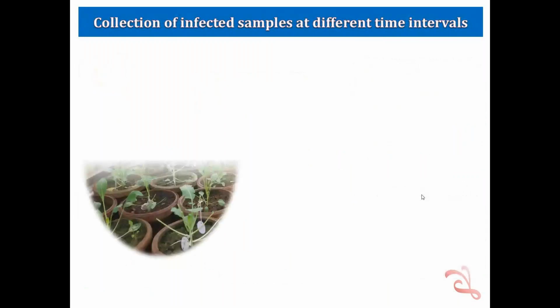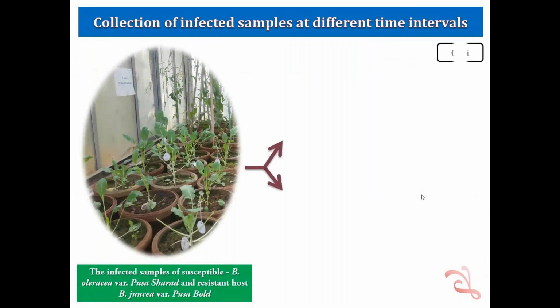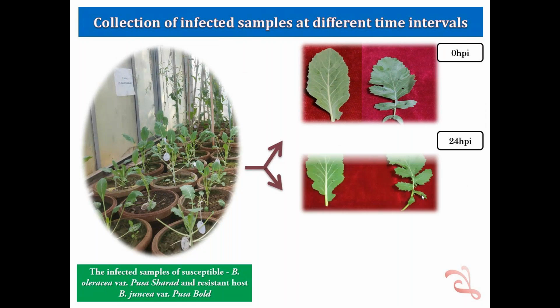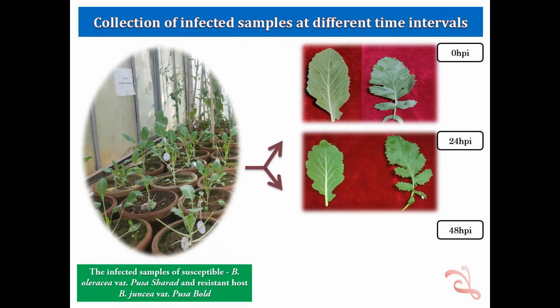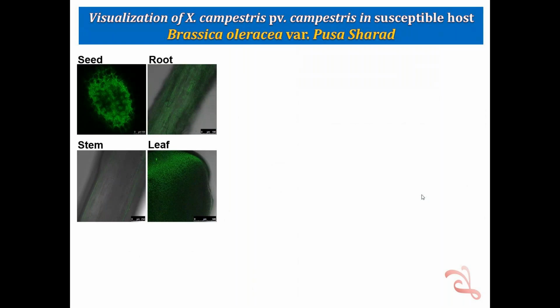After different time intervals, we collected the samples of Brassica juncea and Brassica oleracea, that is 0 HPI, 24 HPI and 48 HPI. Finally, we visualized the bacterial cells in the different parts of the plant by confocal microscopic analysis.